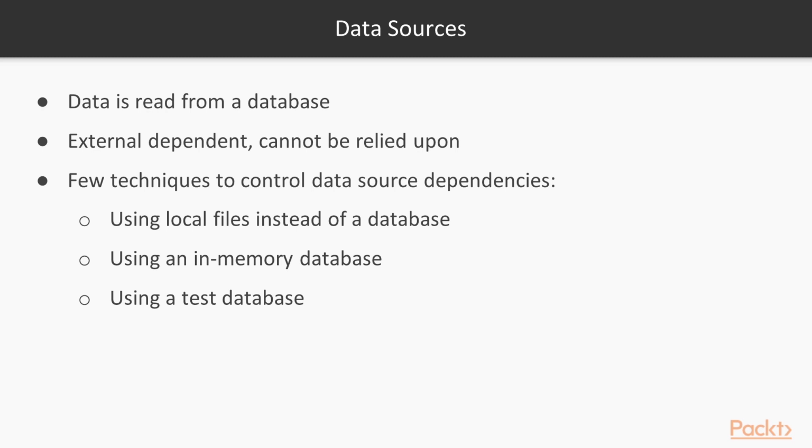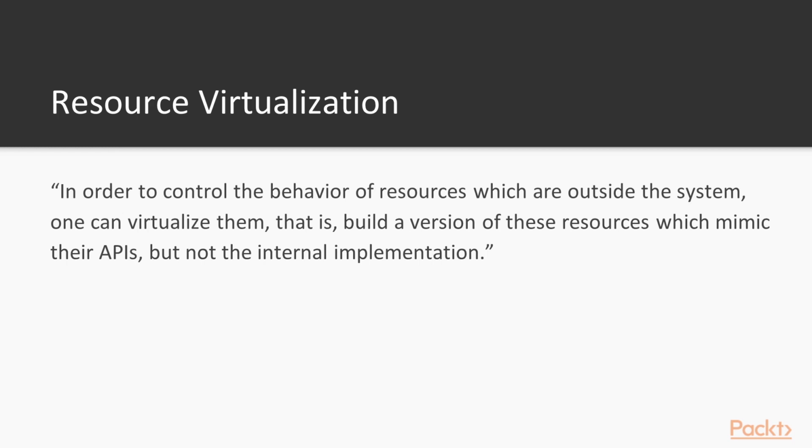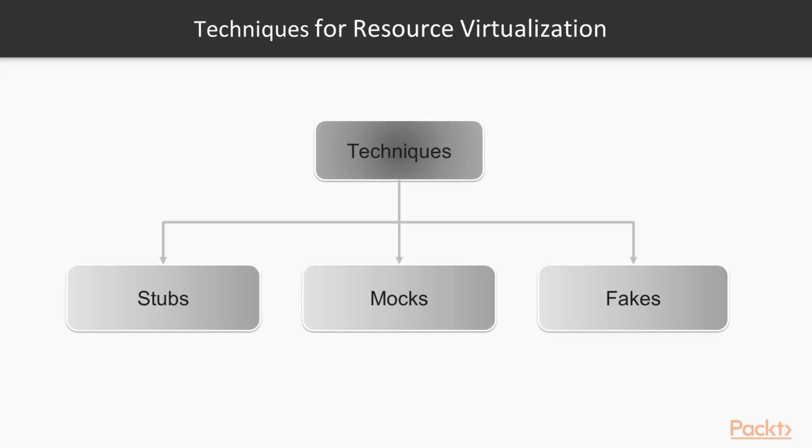Resource virtualization. In order to control the behavior of resources which are outside the system, one can virtualize them. That is, build a version of these resources which mimic their APIs, but not the internal implementation. Some common techniques for resource virtualization are stubs, mocks, and fakes. Stubs.